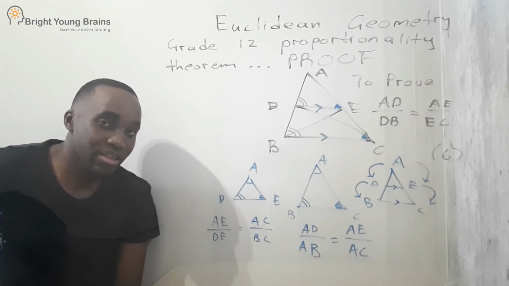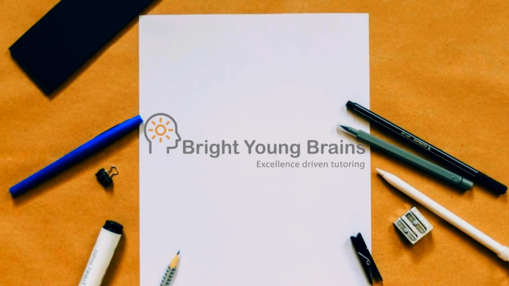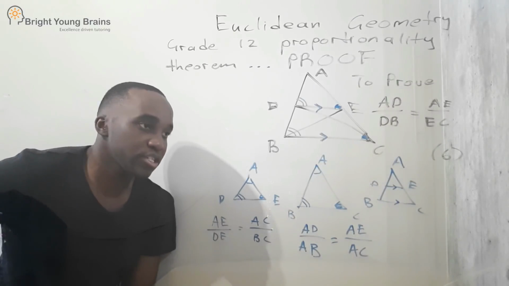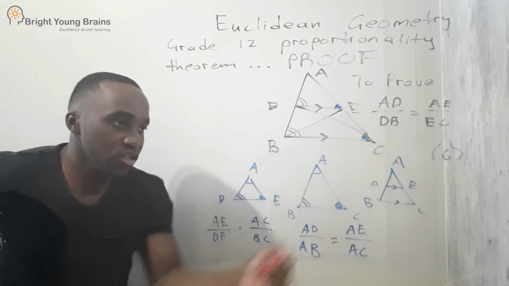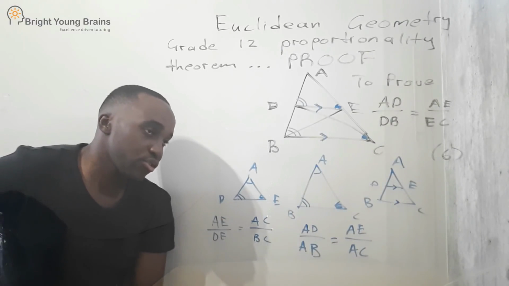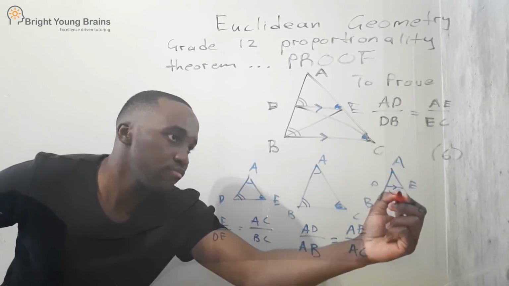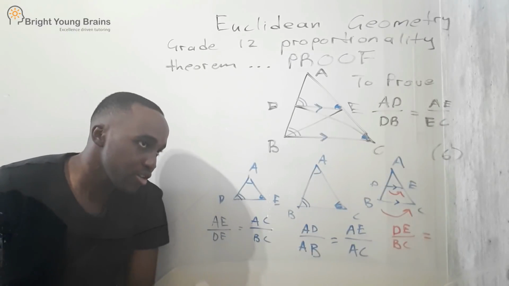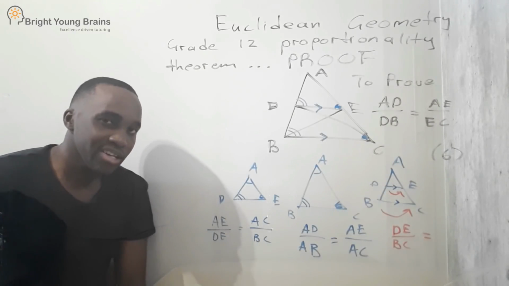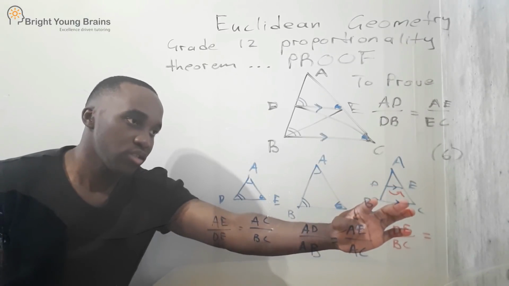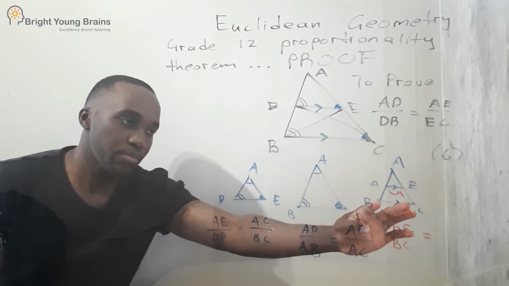I'll just give us another blunt example. If we have the same sketch, and we know that these two are parallel, we could easily write out things like, let me put here DE over BC. This can be equal to, and what you want to take note of is that I used this line for the small triangle and the corresponding line for the big triangle.